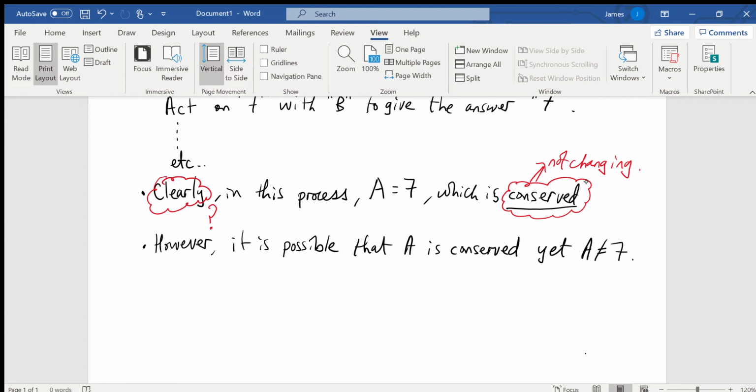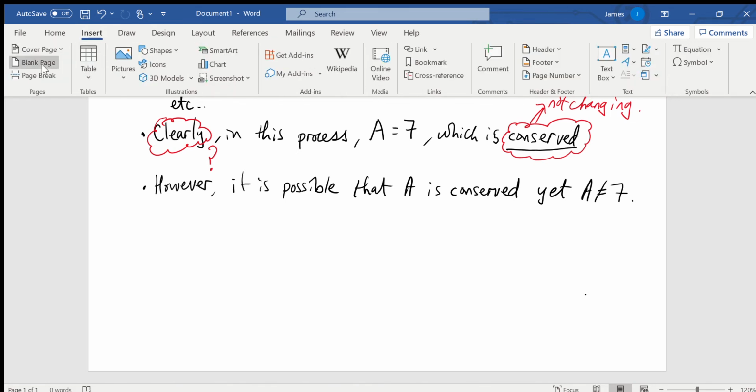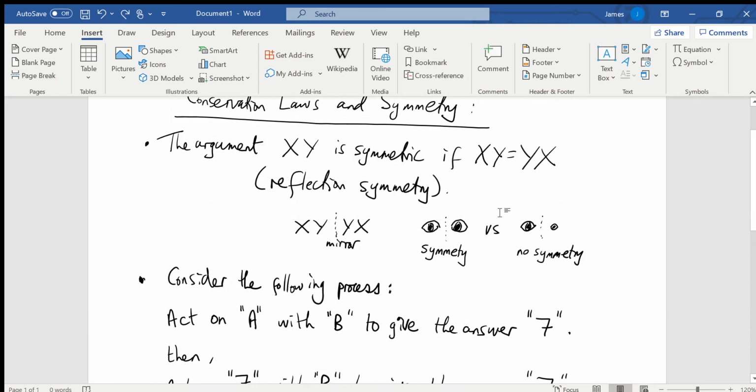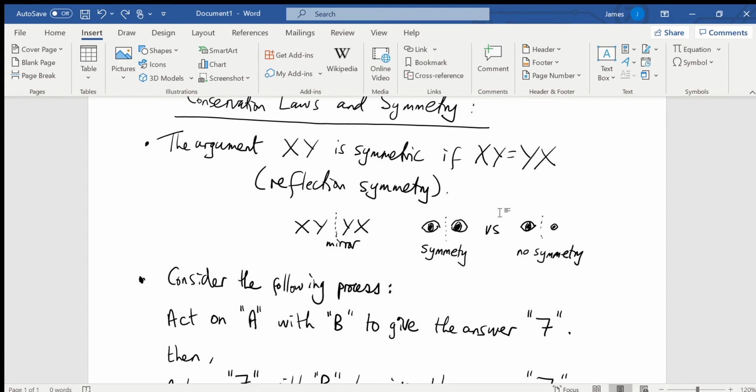Okay, so let's go on to, I'm going to insert a new page. Page down, let's see.